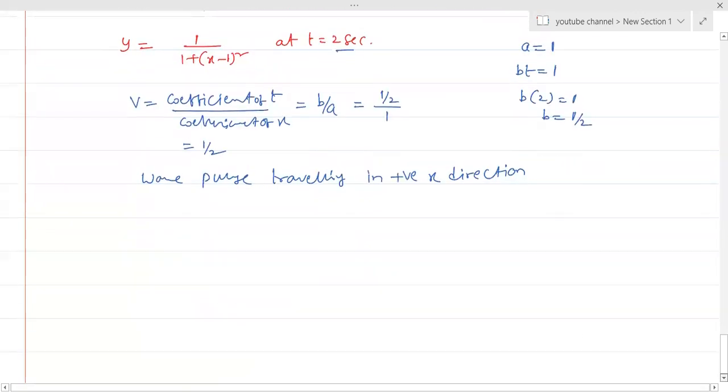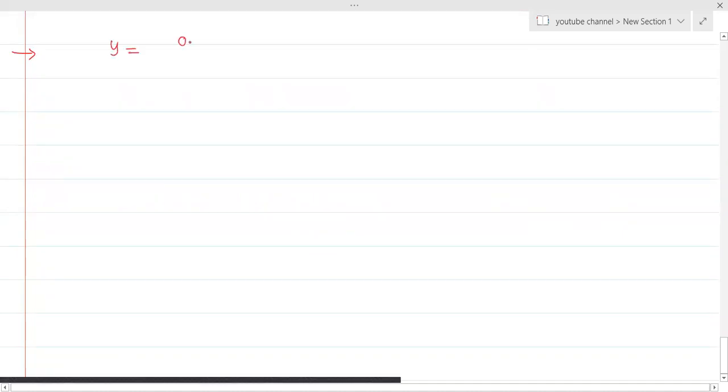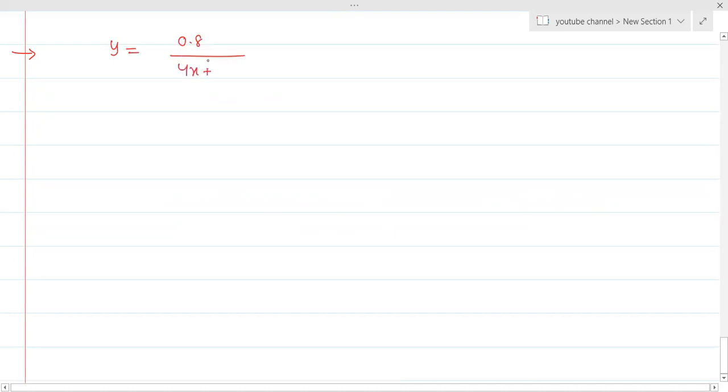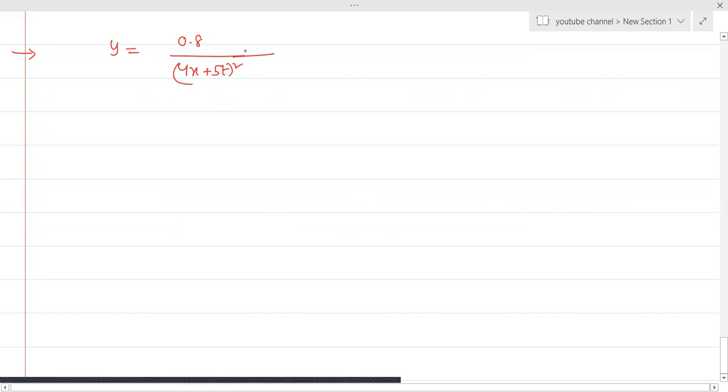And in the case of advanced exams, we have one more question also, that is, we need to check whether the given equation is symmetric or unsymmetric. For example, y equal to 0.8 by (4x plus 5t) whole square plus 5.